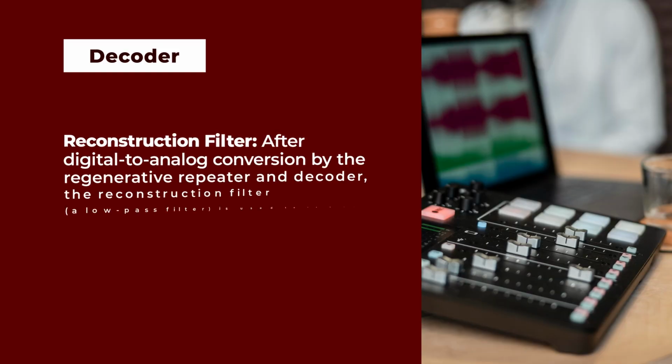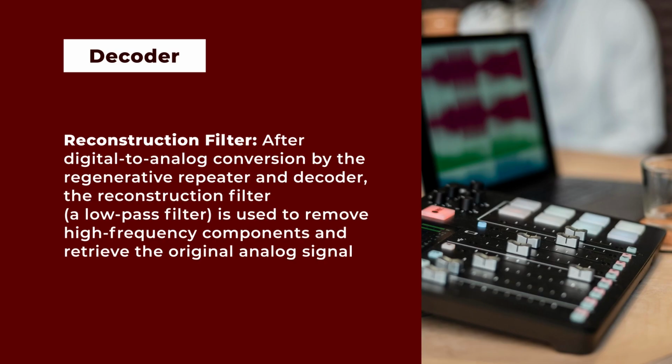Now we discuss another important part, the reconstruction filter. After digital to analog conversion by the regenerative repeater and decoder, the reconstruction filter, which is a low pass filter, is used to remove high frequency components and retrieve the original analog signal.